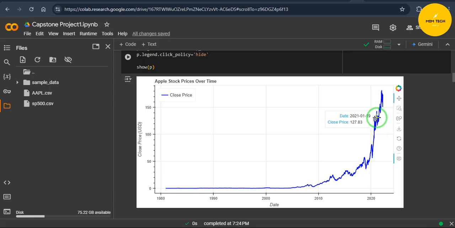Here we can see the impact of the starting pandemic and the recovery, and in 2008 the prices were very low.